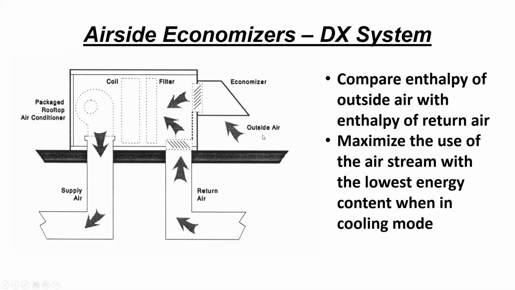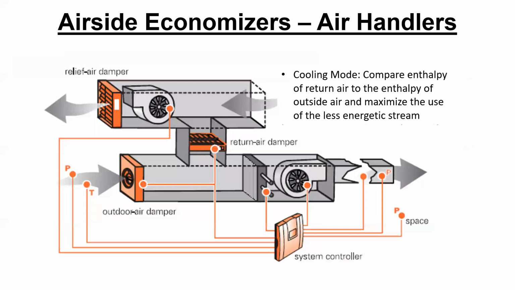The fresh air from outside goes directly to the supply, or a mixture of return air and outside air. This way we can save energy. In this case, outside air comes in and goes directly to the space, and we're bypassing the compressor.